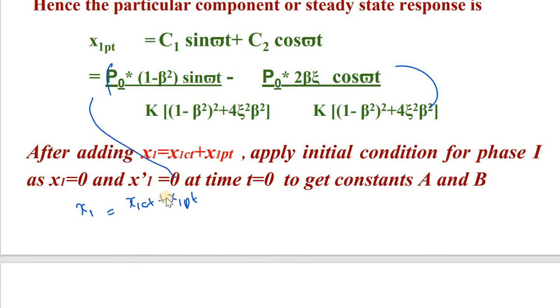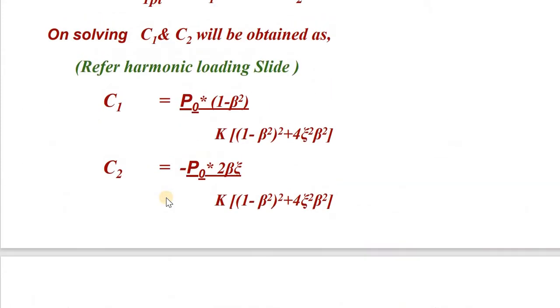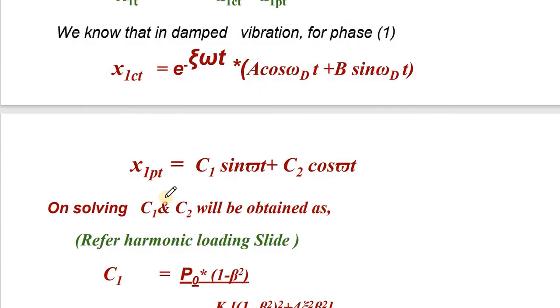Here x1 particular we have found out. Now x1 complementary is written here. By first finding c1 and c2, we will add them to this. Then by applying the boundary condition, I can find a and b.